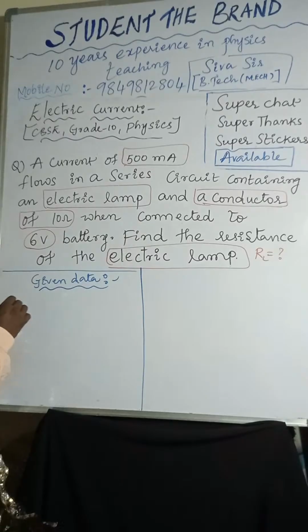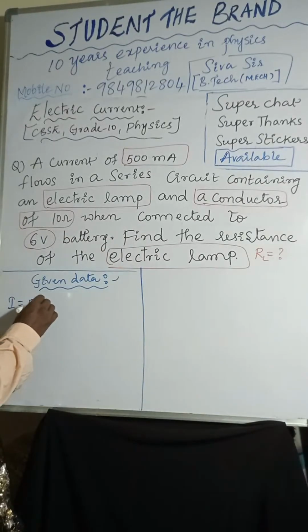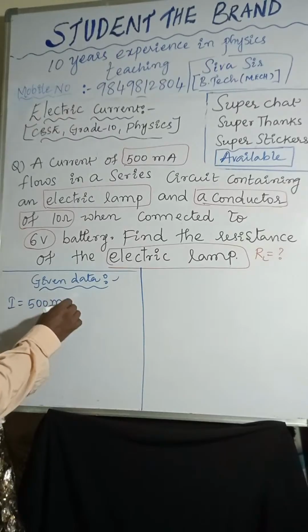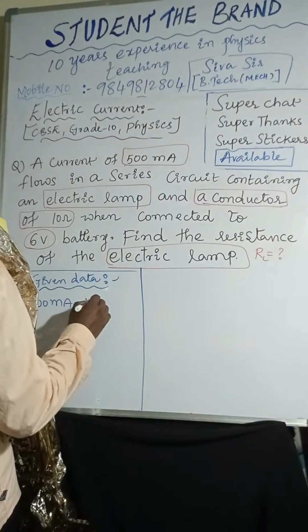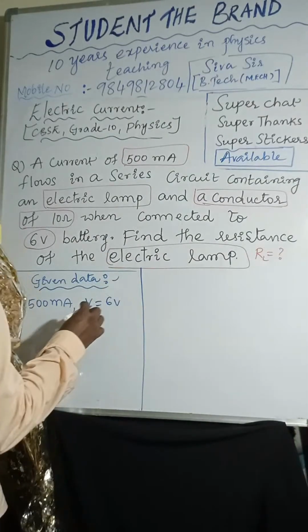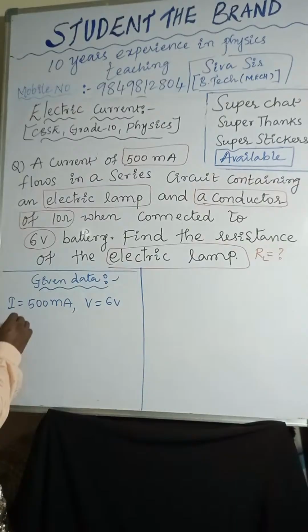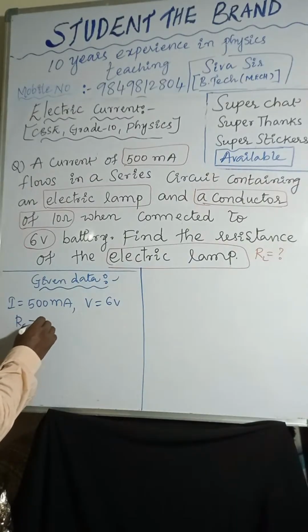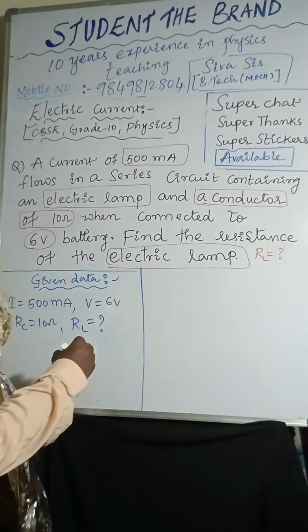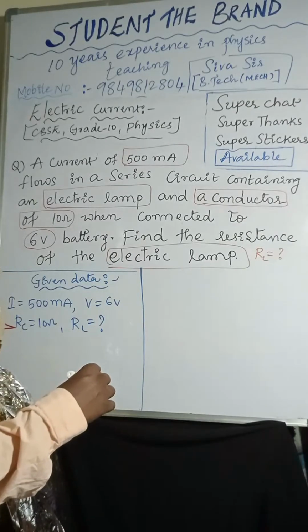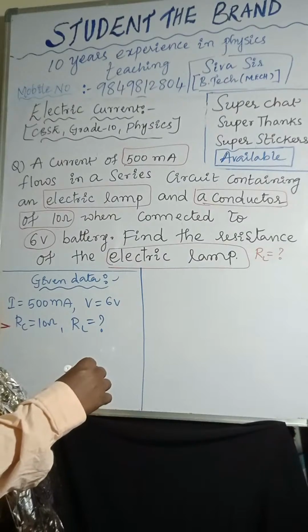First one, current equal to 500 milliampere, comma, 6 volts battery given. So RC, conductor resistance given 10 ohm. So lamp resistance we have to find out.